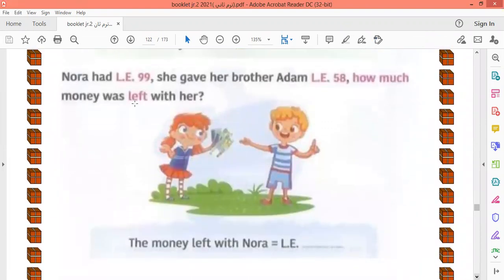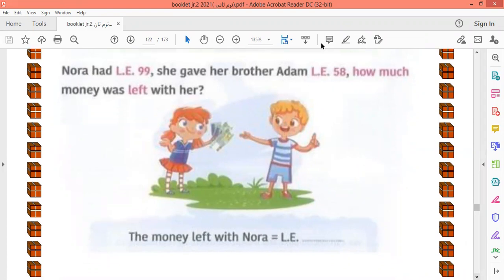Nora had 99 LE and she gave her brother Adam 58 LE. How much money was left with her? Left means what? Excellent. Left means minus. So we start with what? The greater number, which is 99 LE minus 58 LE.